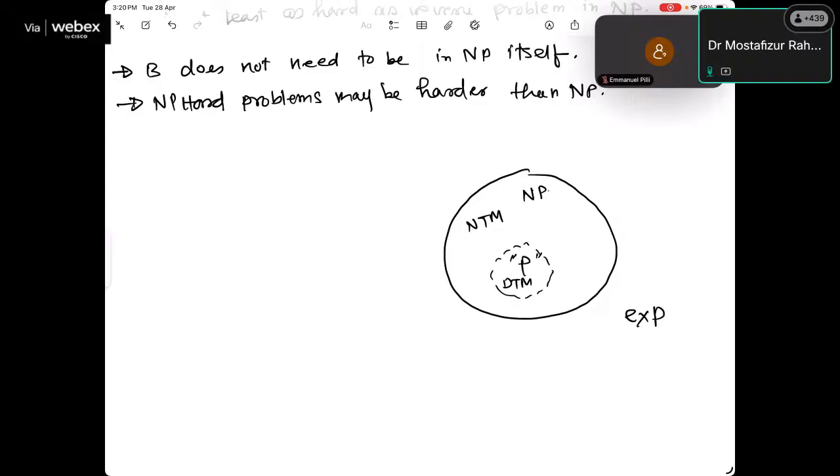Both P and NP are bounded within the polynomial set of problems. Now I can find a region like this, which I call NP hard.